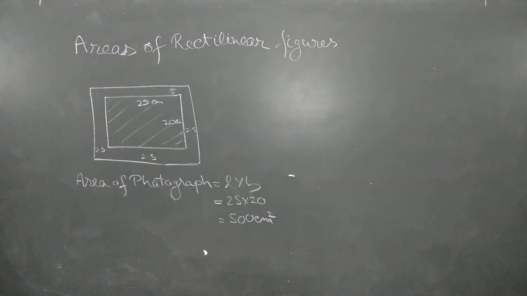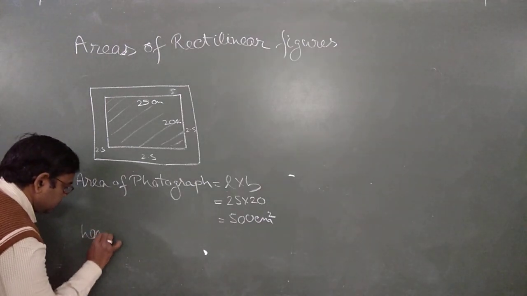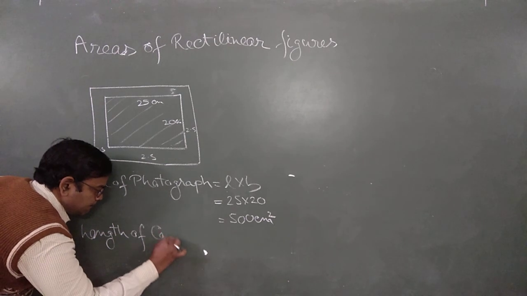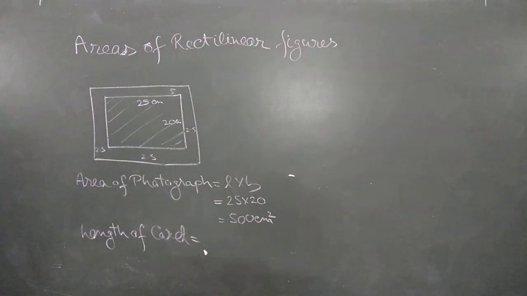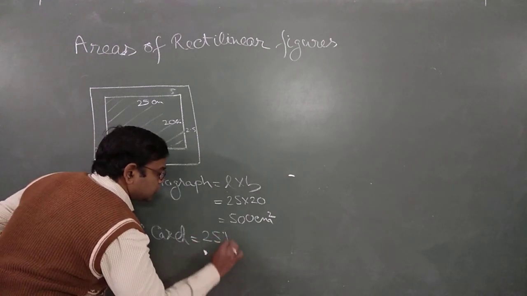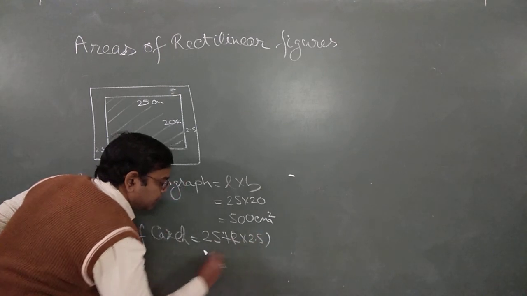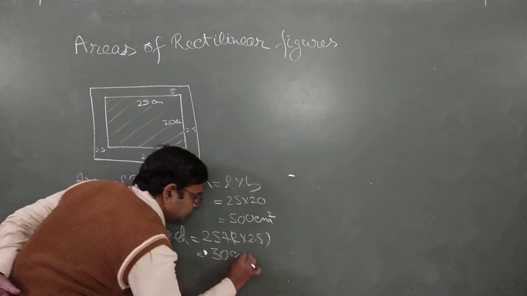Now what is the length of the card? Length of card is 25 plus 2 into thickness, that is 2.5. It's 25 plus 5, exactly 30 centimeter.